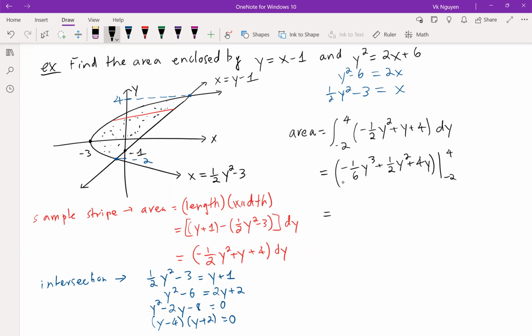Do the substitution: we have -1/6 times 64 plus 8 plus 16, minus the substitution with -2: -1/6 times -8 plus 2 minus 8. Work out the arithmetic, and we have 18. Pretty cool.